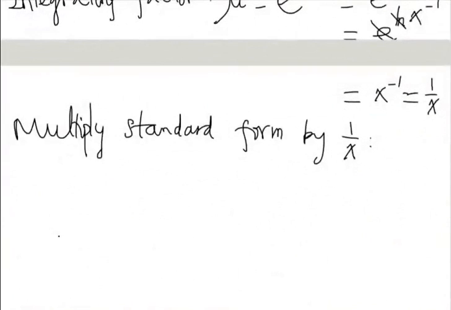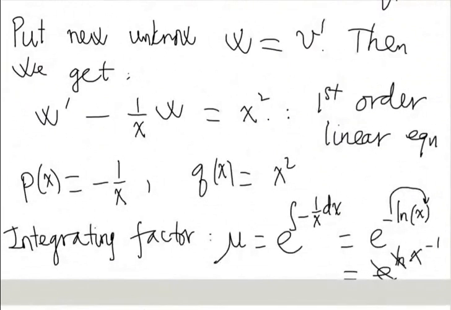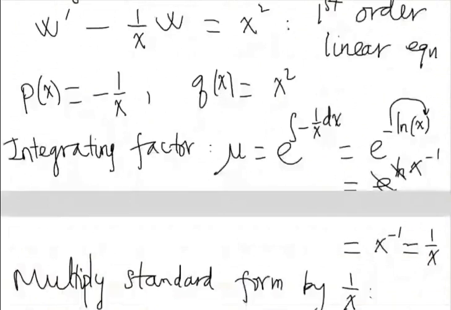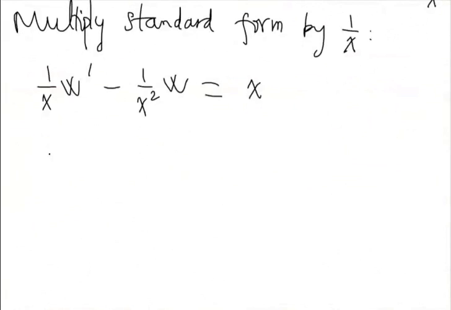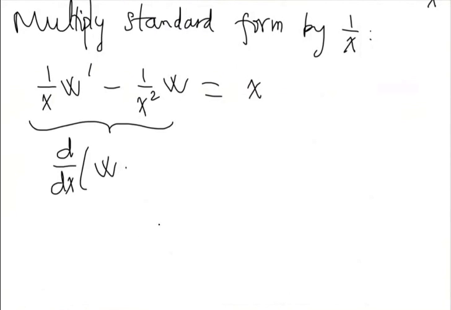So we get 1 over x w prime minus 1 over x squared w equal to 1 over x times x squared. We get x. And then the left hand side is the derivative of the product w times the integrating factor, which is 1 over x. And we have x on the right hand side. Now integrate.